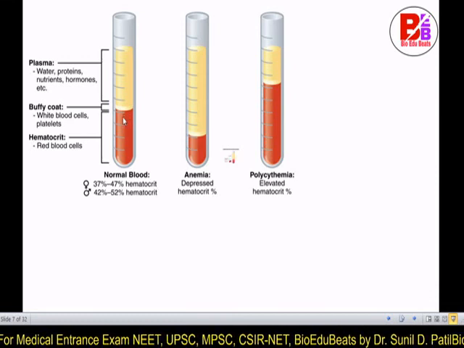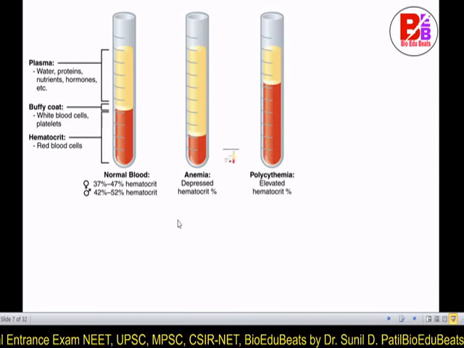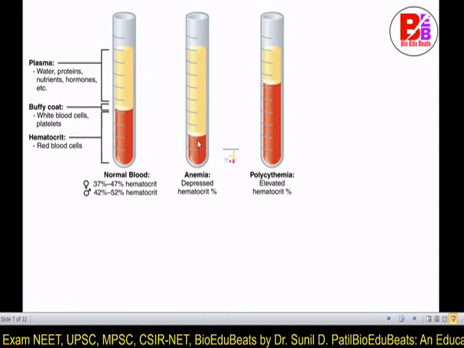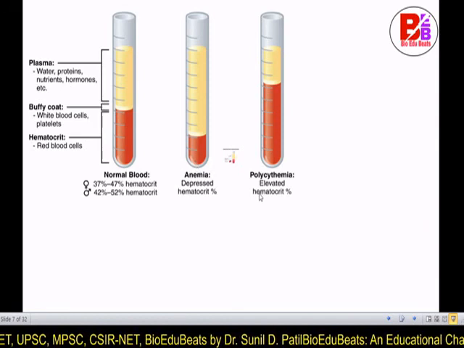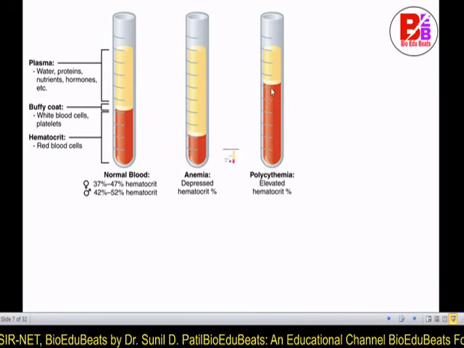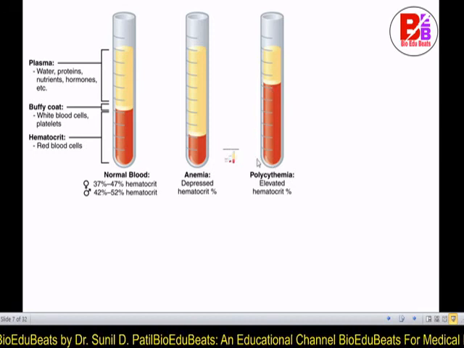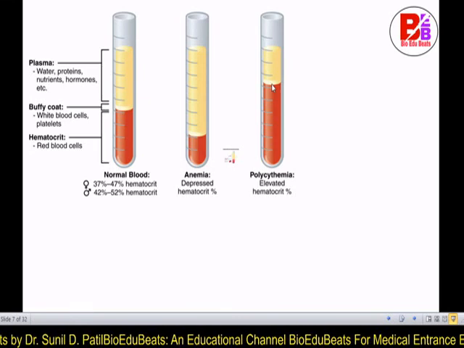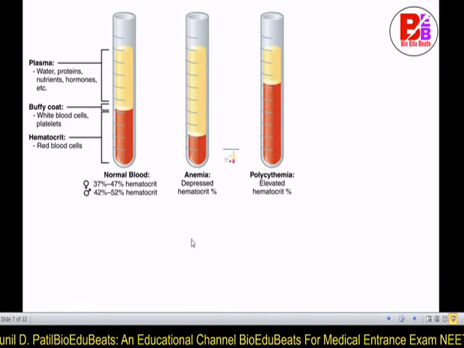While in anemia the hematocrit decreases, and in polycythemia the hematocrit increases. The number of RBCs is increased in the blood, so the blood becomes more viscous; this is polycythemia.